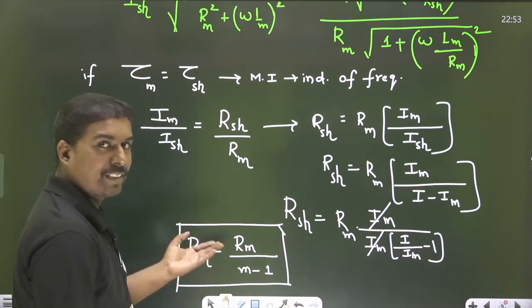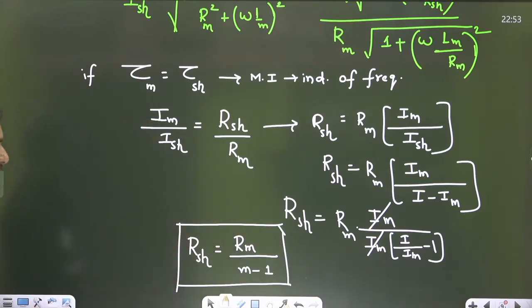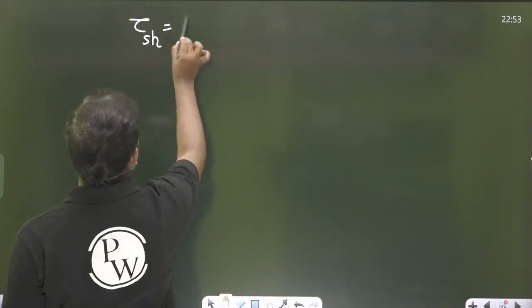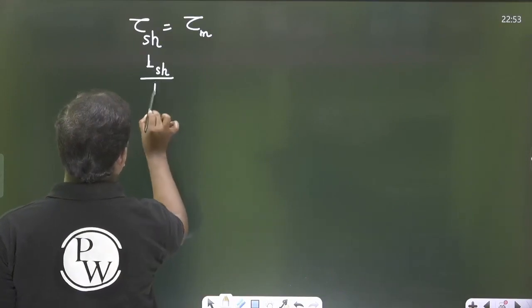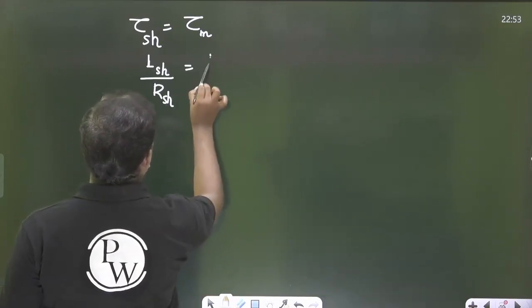If you know the shunt resistance, automatically you can calculate the LSH also, because the time constant of the shunt and the time constant of the meter are the same: LSH by RSH is equal to LM by RM.